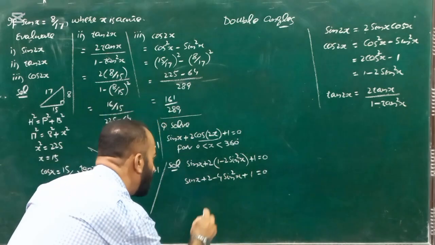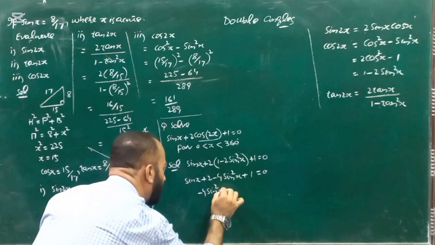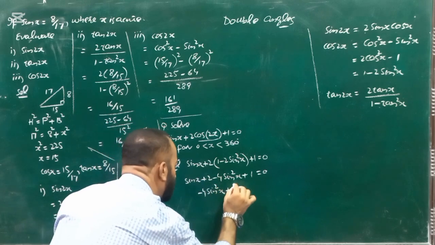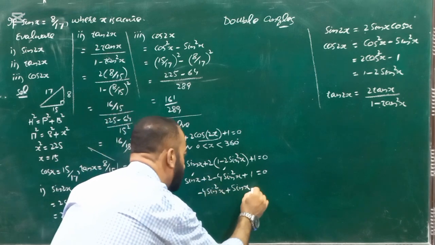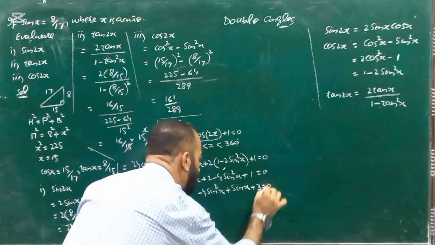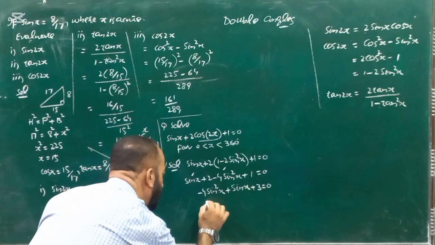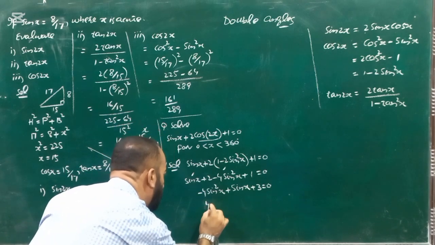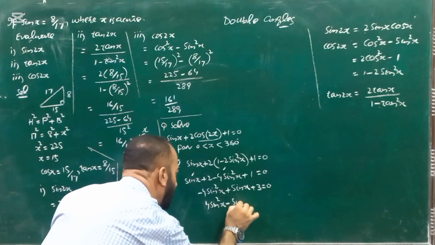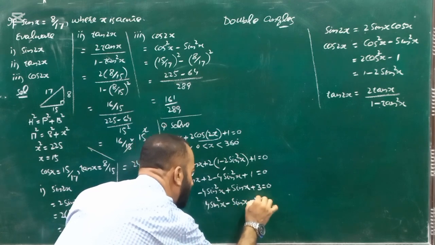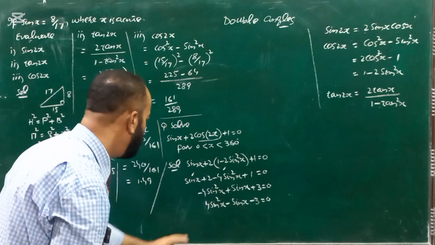So further is minus 4 sin square x plus sin x, plus 2 plus 1 is plus 3 equal to 0 is still there. Taking minus sign and go to the right side, so the thing will become now 4 sin square x minus sin x minus 3 equal to 0. So this is a quadratic equation now.